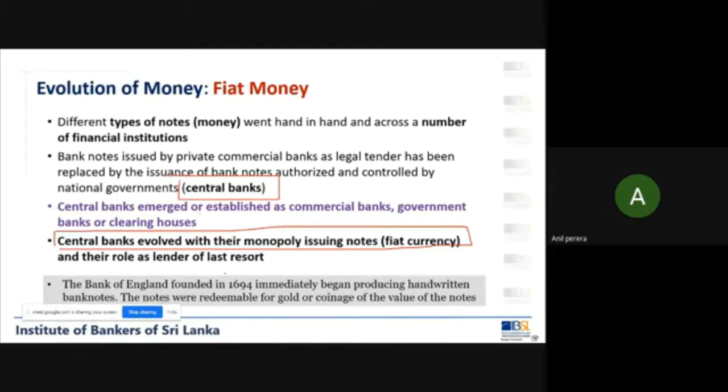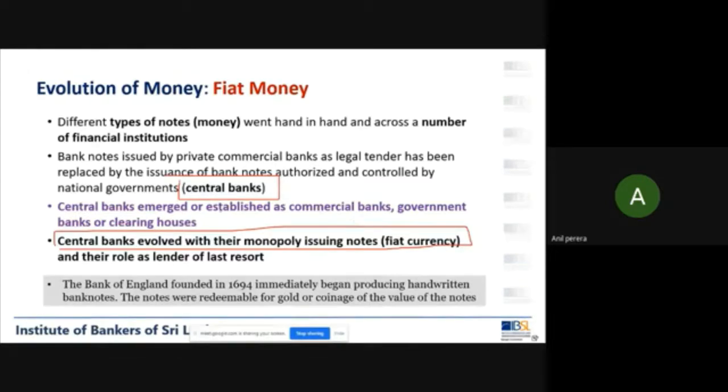Now, during this time, if you read history, the expenses of the government were really high. Why? Most of the governments, especially the UK government during this period, were engaged heavily in war.